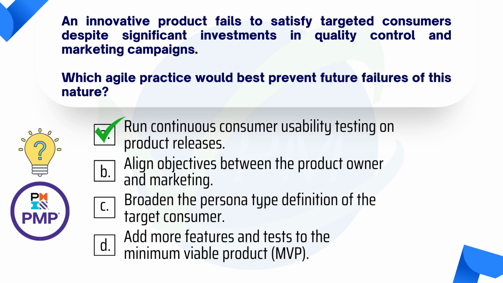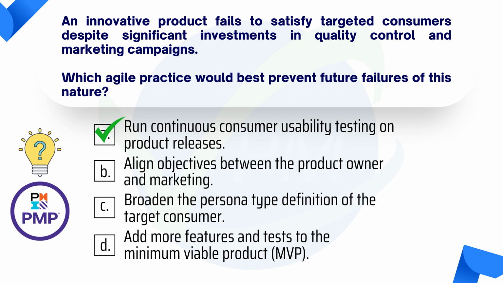This means that you do need to gather feedback from your consumers directly. Okay, so it's the most effective way to be able to align the requirements to the user needs. Okay, and then you can then integrate them incrementally into your product releases based on business value. Okay, and therefore A is the most correct answer.